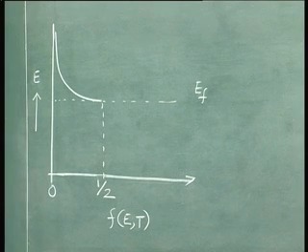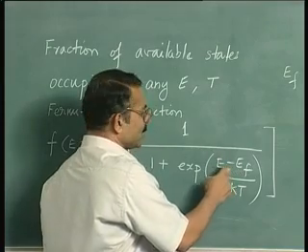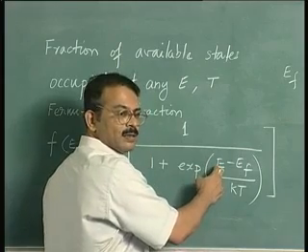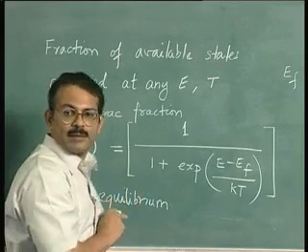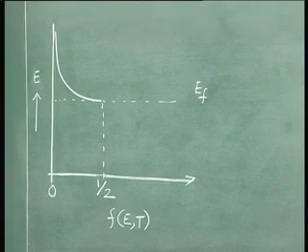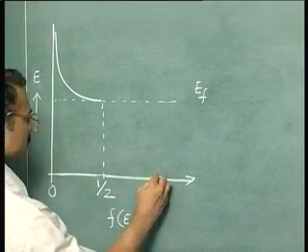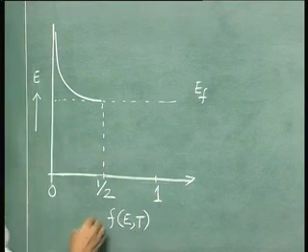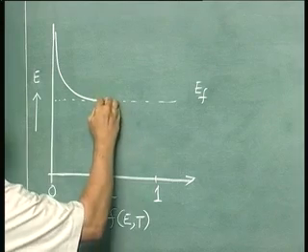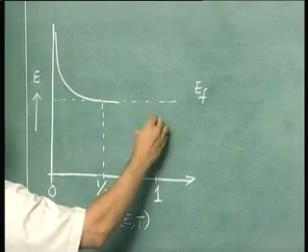If I proceed further, as I go to E minus infinity, this term will go to 0 and the fraction will go to 1. So the maximum value of the fraction is 1. So I will get an exactly symmetric segment.